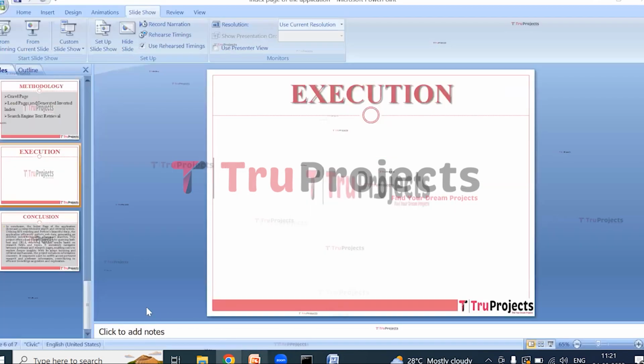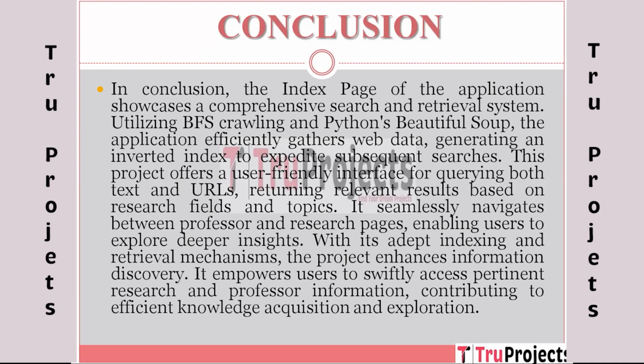And the conclusion of the project is, the application's index page displays a thorough search and retrieval system. The application effectively collects web data using BFS crawling and Python's Beautiful Soup, creating an inverted index to speed up subsequent queries. This project provides an easy-to-use interface for querying text and URLs, delivering results that are pertinent to the research fields and topics.